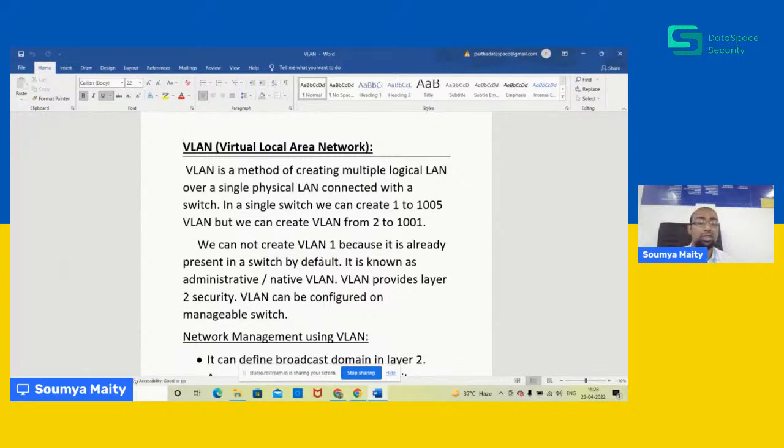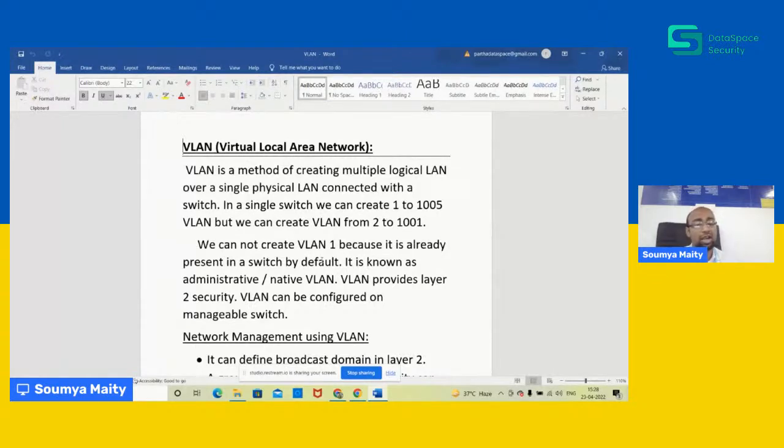In a single switch we can create VLANs 1 to 1005, but we can create VLANs from 2 to 1001 manually. We cannot create VLAN 1 because it is already present in a switch by default. It is also known as administrative or native VLAN.